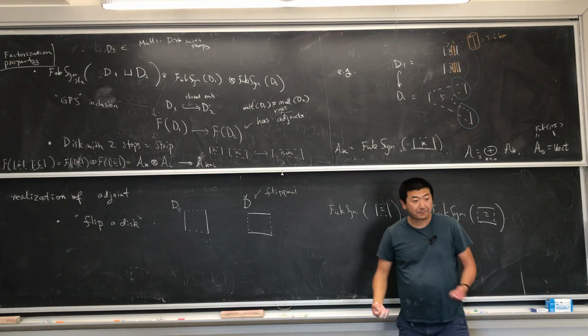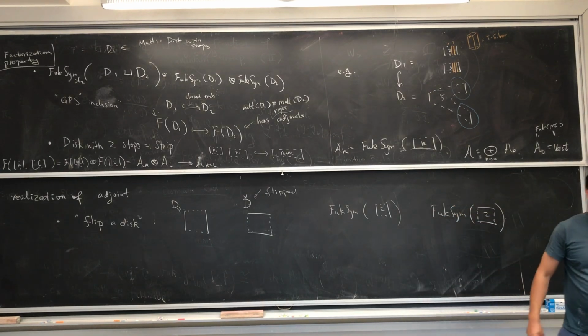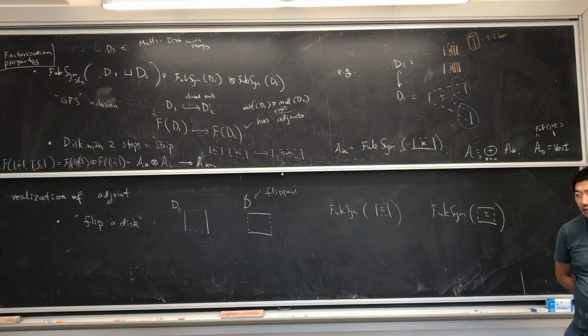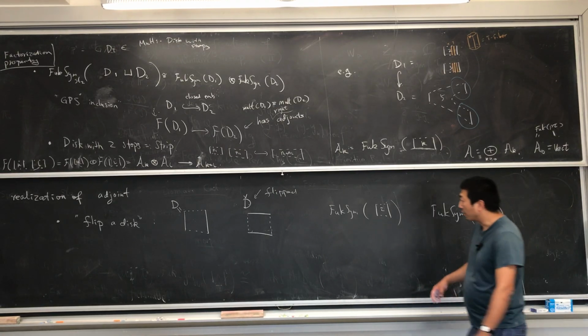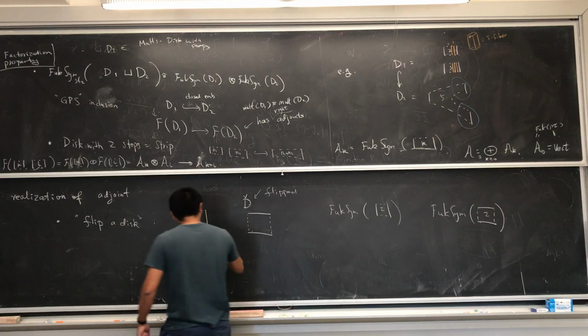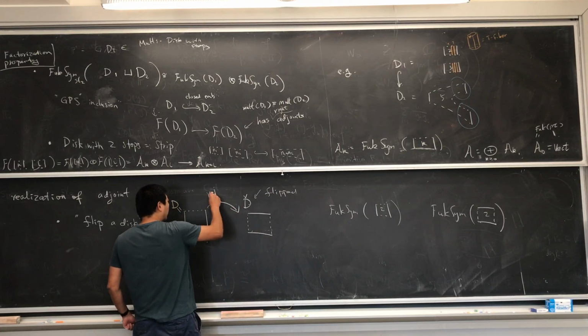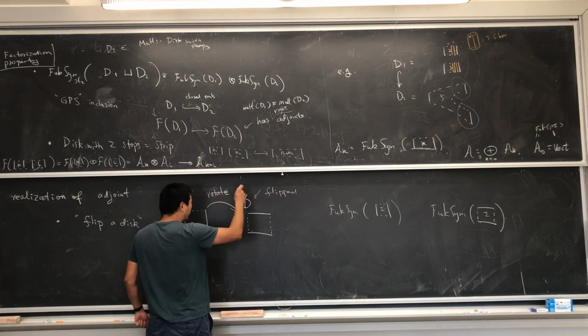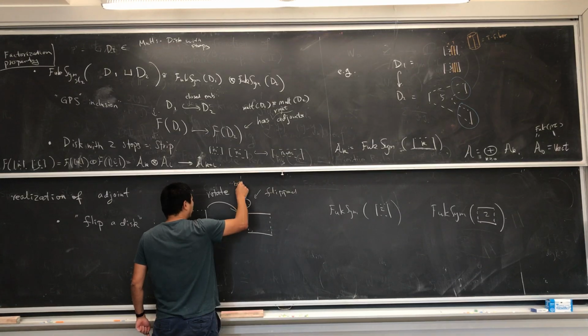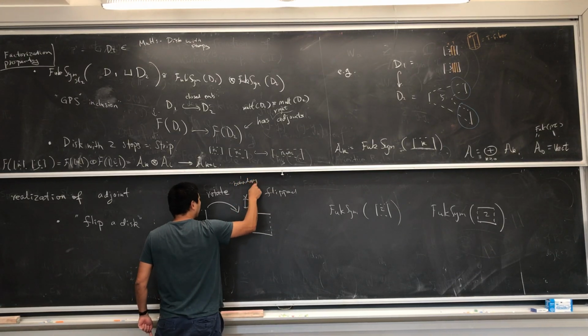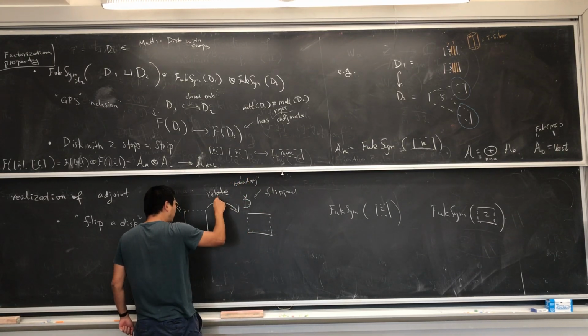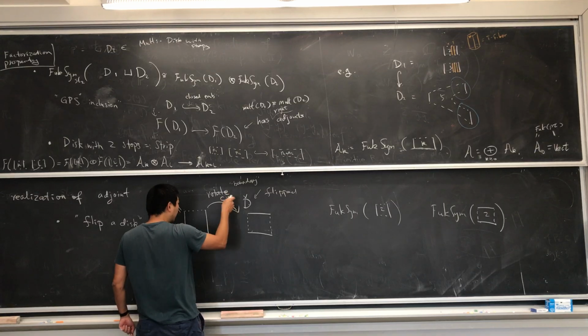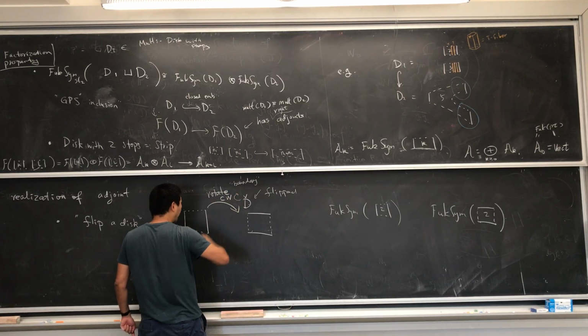And you may wonder, these two disks are both disks with 2 stops, so they should be the same. But how are they going to be the same? There are many ways. In particular, one way is to rotate the boundary clockwise, this way.